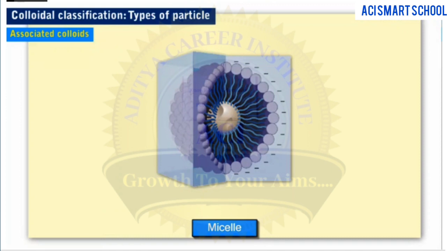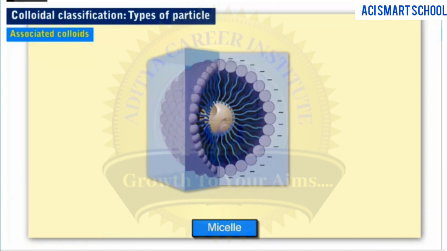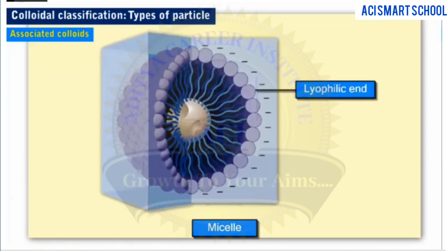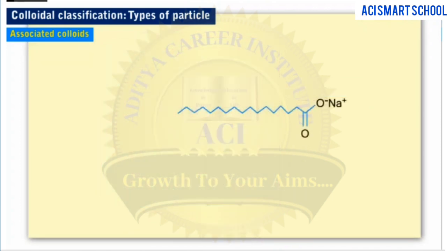Micelles are generally formed by specific types of molecules that have both lyophilic as well as lyophobic ends. Soaps consist of sodium or potassium salts of higher fatty acids and are represented as RCOO- Na+.